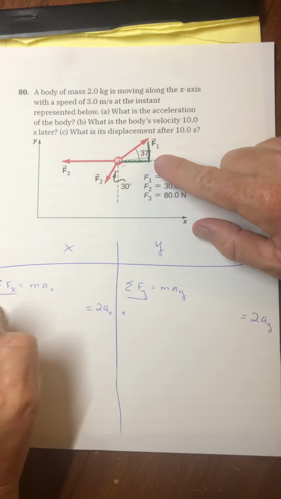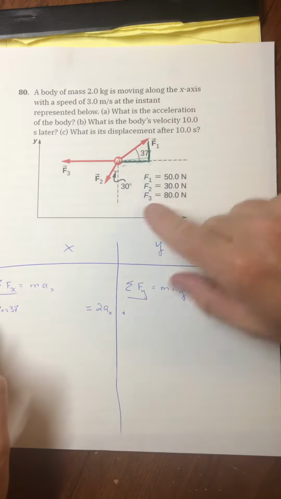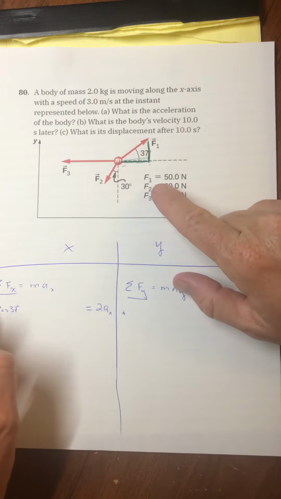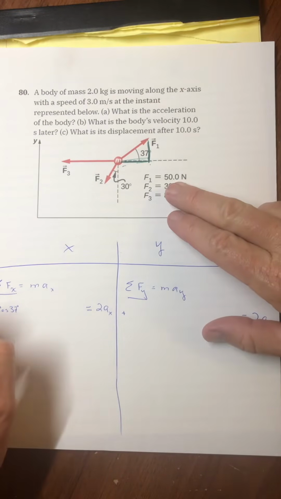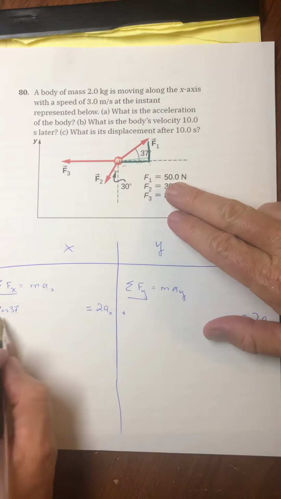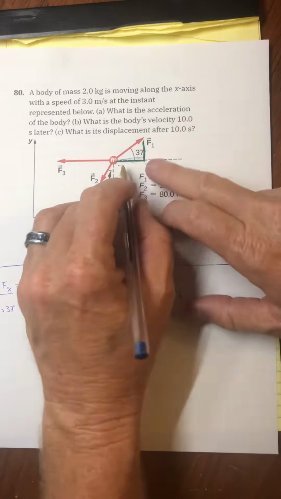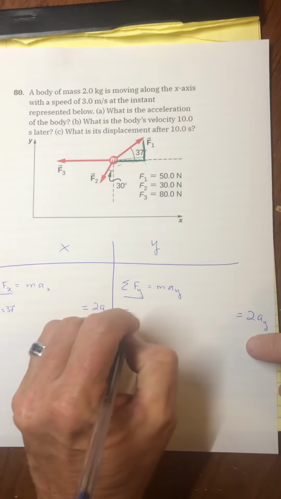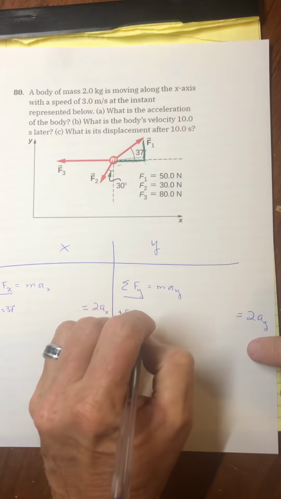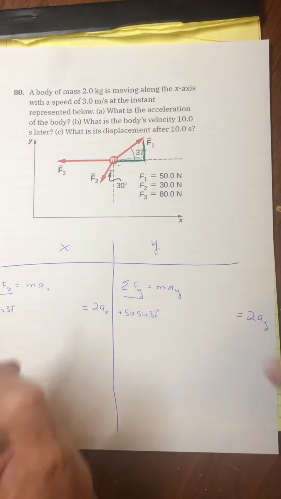So it is the cosine function that gives me the adjacent. So if I take the hypotenuse and multiply it by cosine of 37, that would give me my x component. And then over here, if I take the hypotenuse and multiply it by the sine of 37.